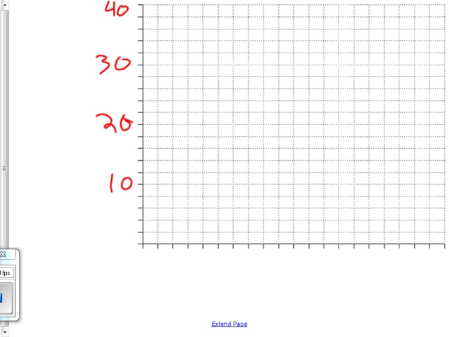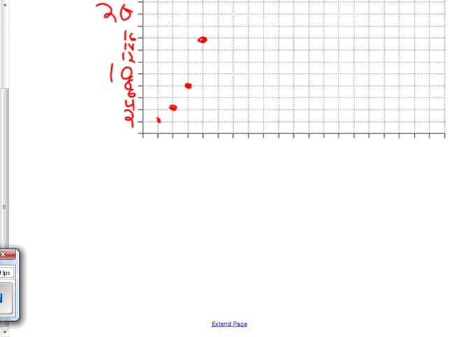So if you're given this, write the sequence for this given graph. I'll give you guys a minute to work on that.